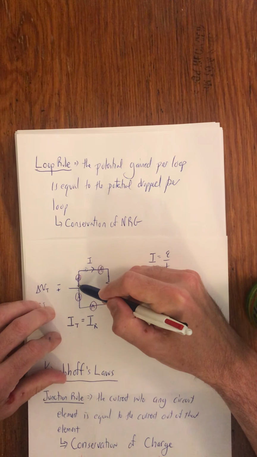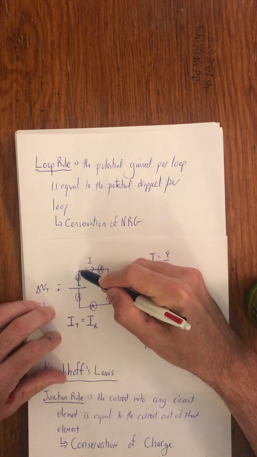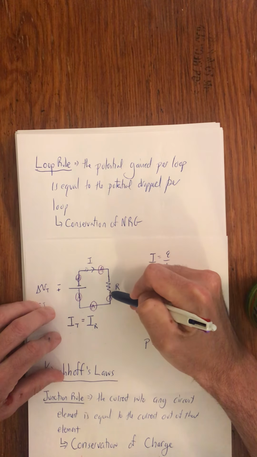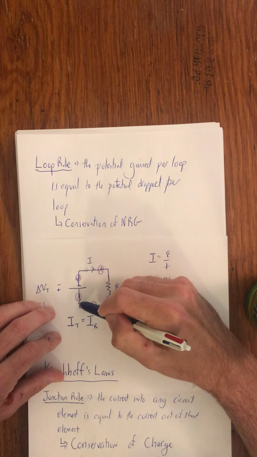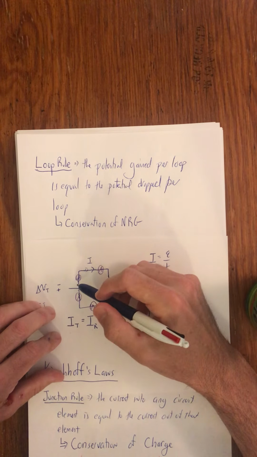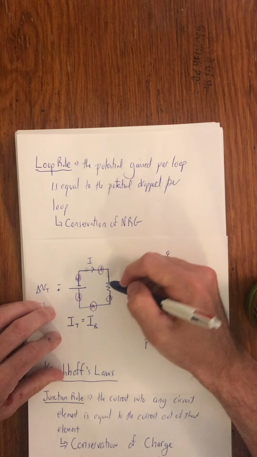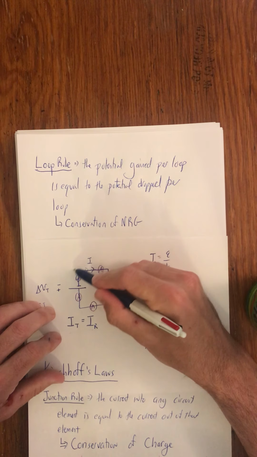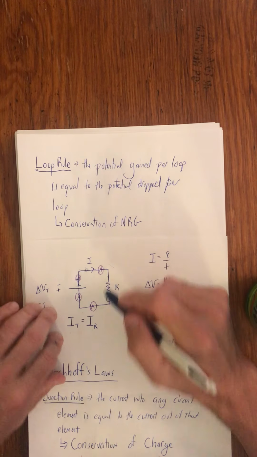Actually, as you're going along, your charges are giving up little bits of energy, little bits of energy. Then it gives up a huge chunk of energy, then little bits of energy again, and then it's back to 0. So it's constantly changing, except that it's just massive changes at the resistors. So for the sake of purpose, we're only looking at what's happening at the resistor.